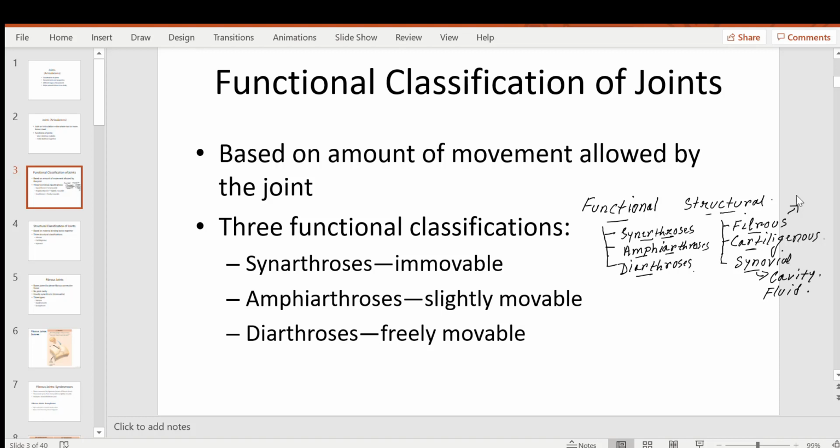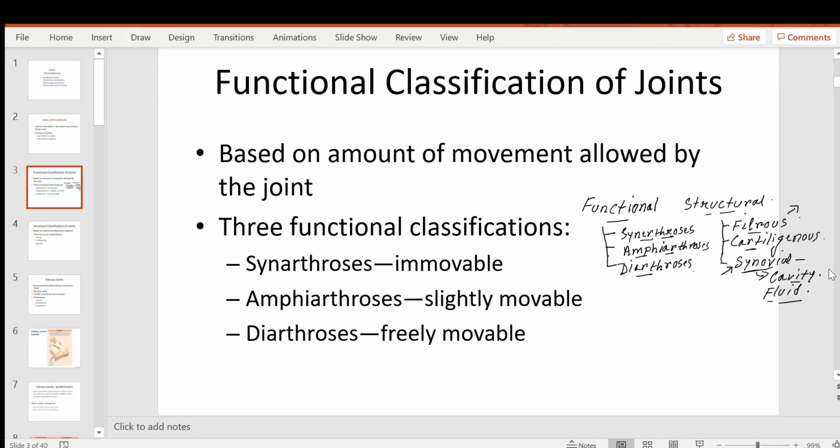So that's why a lot of movement is possible in the synovial joints. Plenty of movement occurs in the synovial joints because the bones are separated by a cavity called the synovial cavity that contains a lubricating fluid called the synovial fluid. Okay, so most freely movable joints are synovial joints.